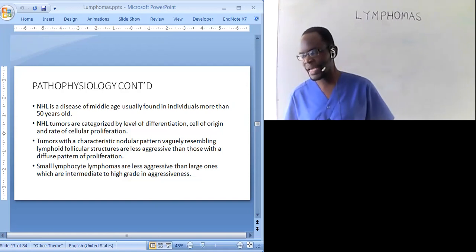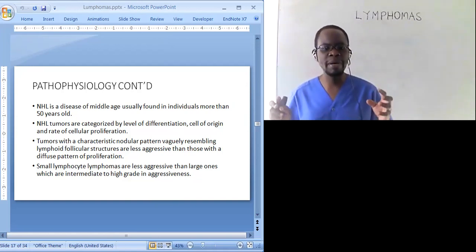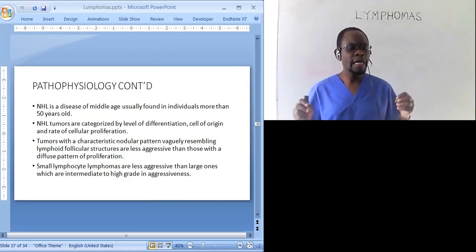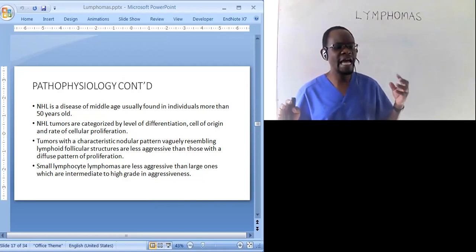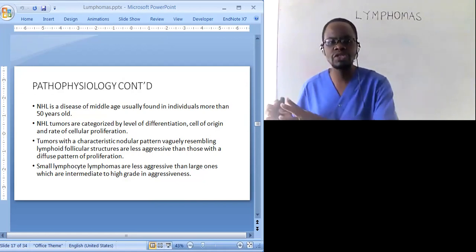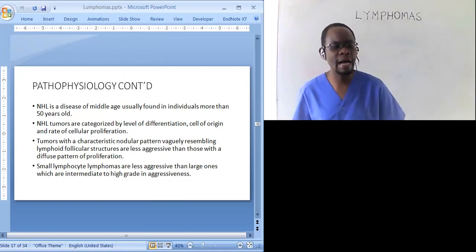In other words, depending on the behavior of these cells, if they diffuse through the lymphoid structures, then they are more aggressive.